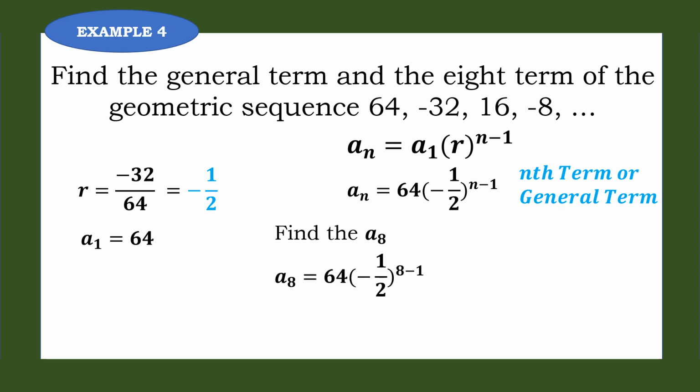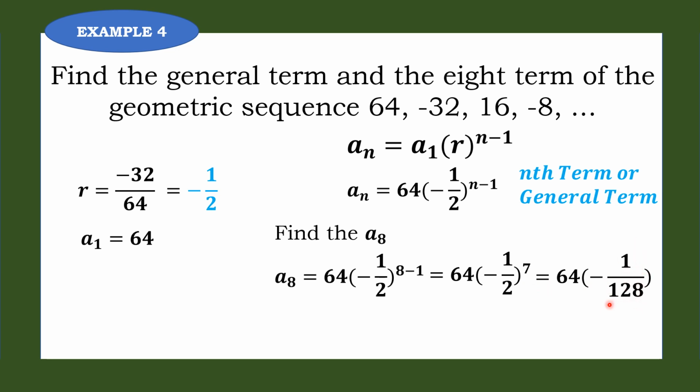So, we have a sub 8 equals 64 times negative 1 half raised to 8 minus 1. We work on the exponent first, which is 8 minus 1, and that gives us 7. Now, simplifying the exponent, we have negative 1 half raised to 7, and that gives us negative 1 over 128.